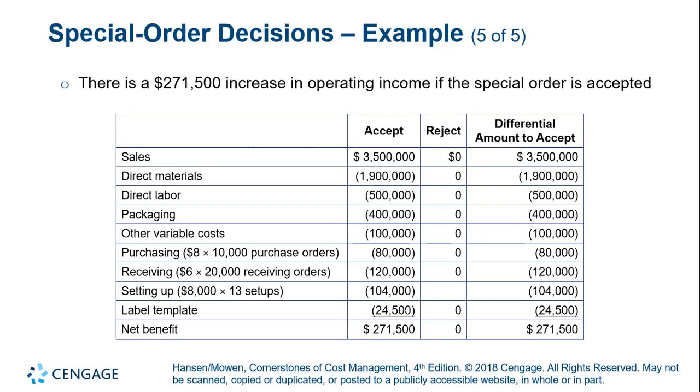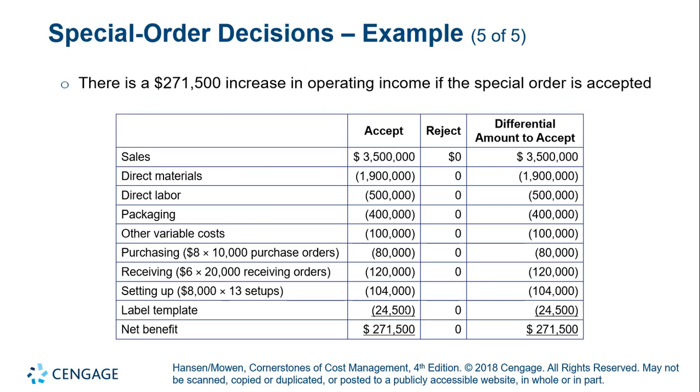So there is a 271,500 increase in operating income if the special order is accepted. So we have now the sales of, if you are going to accept; if you reject, it will be zero. Direct materials, direct labor, then we have the packaging, other variable costs, and you have your purchase orders with receiving at 20,000.